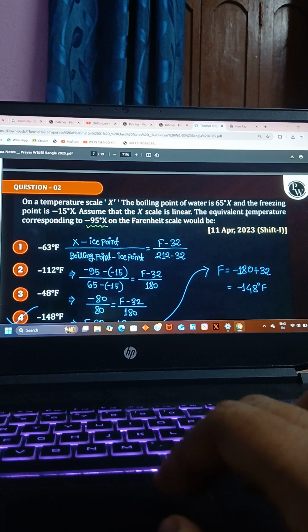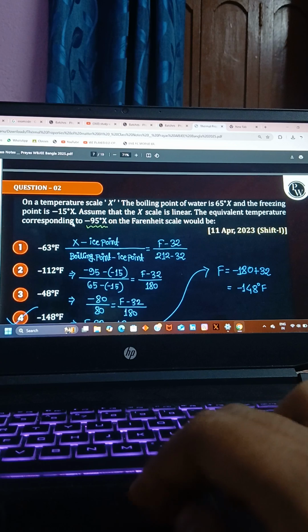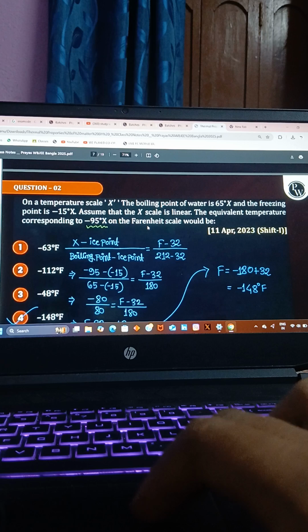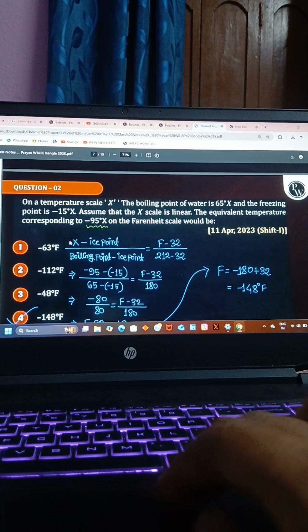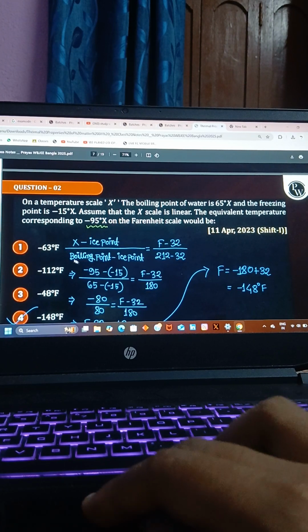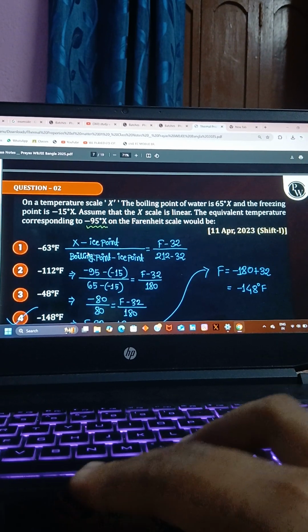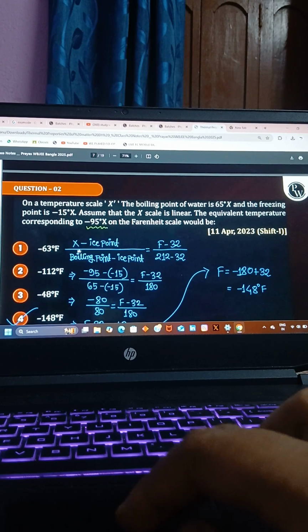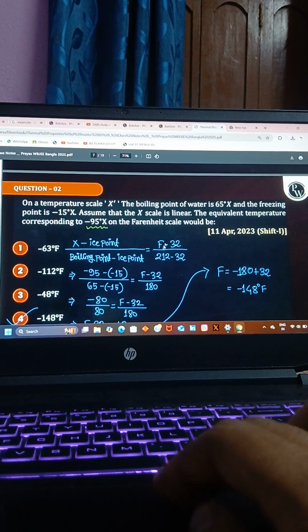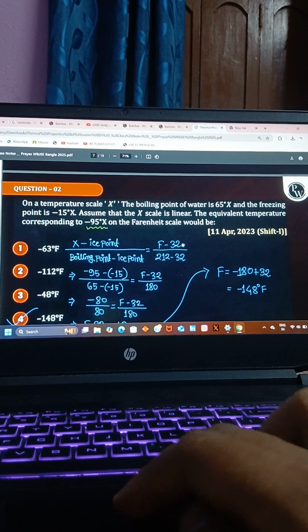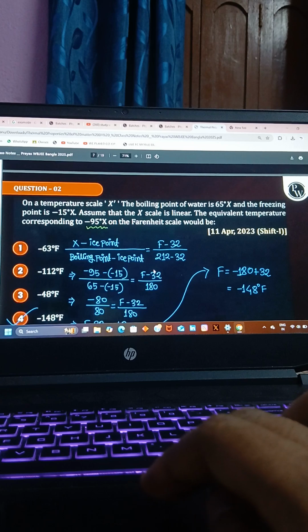The equivalent temperature corresponding to minus 95 degrees X on the Fahrenheit scale would be? If we relate the unknown scale with the Fahrenheit scale, the formula will be X minus ice point divided by boiling point minus ice point equals F minus 32 by 212 minus 32. This is the ice point and this is the boiling point.